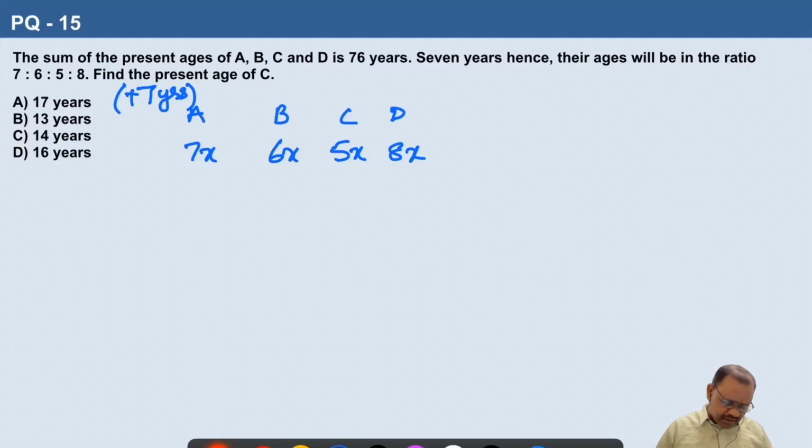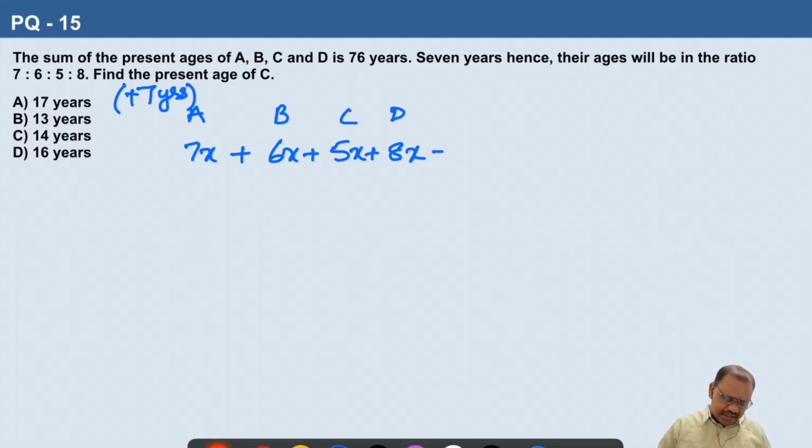So if you add all of them, you will get the sum of all their ages 7 years later. To find the sum of their present ages, from this we have to subtract 7 from everybody's age. There are 4 people, so 4 into 7 is 28.